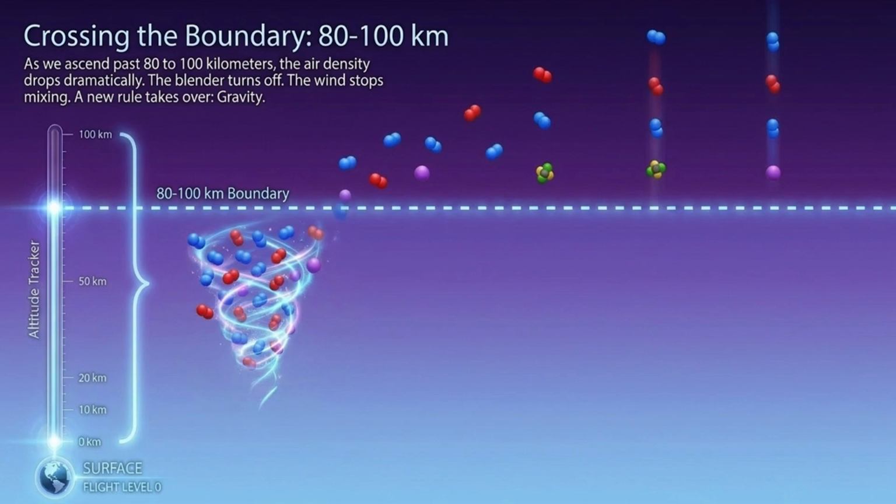In the homosphere, turbulence, wind circulation and convection act like an atmospheric blender and keep the gases well mixed. But at higher altitude, the mixing becomes less effective. As a result, gravity starts to play a more important role. The different gases begin to separate according to their molecular mass or molecular weight.